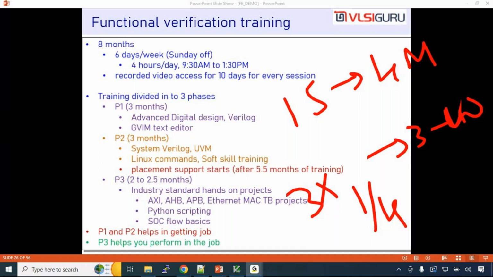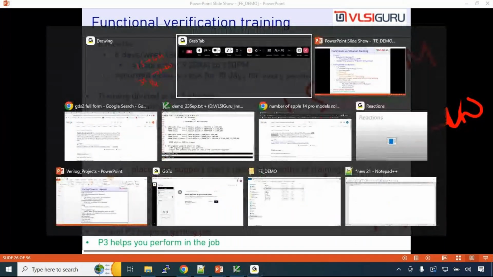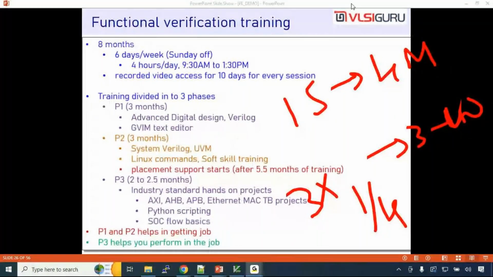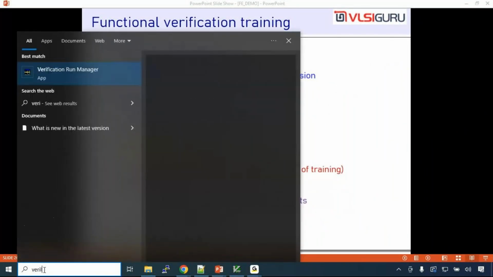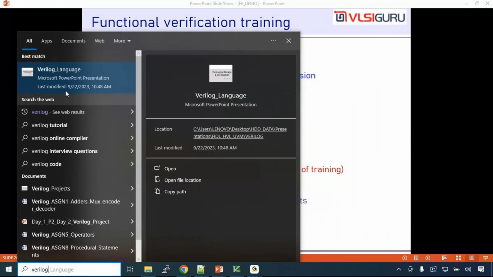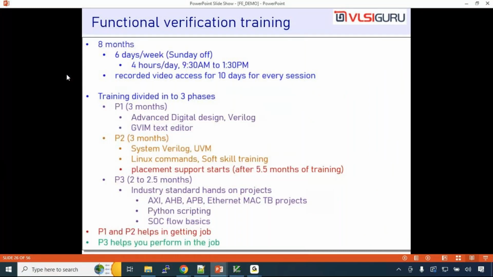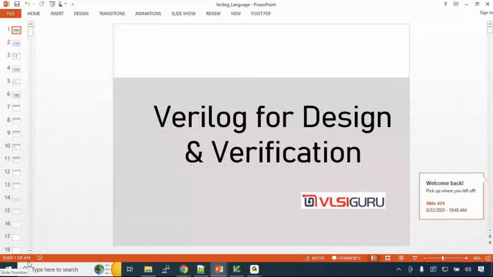If I go here also, I can just show you sampling any topic. If I take Verilog also, just to teach the Verilog language itself, my course will have almost 430 presentation slides.